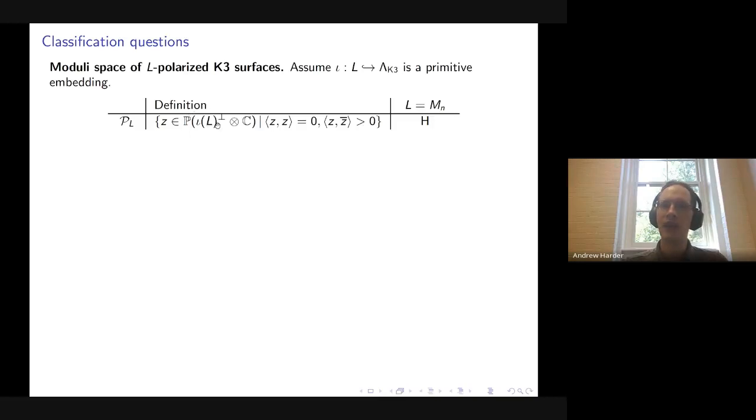If my lattice here is rank 19, the projective space of its orthogonal complement is 2-dimensional, the projective space on a 3-dimensional vector space. Then I cut it down by taking a quadric, so that'll bring us down to 1 dimension. A quadric is going to be a 1-dimensional quadric, so that's P1, and then I just take out a real hyperplane here, which you can think about as splitting by taking out the meridian S1, and that'll give you 2 copies of essentially H.